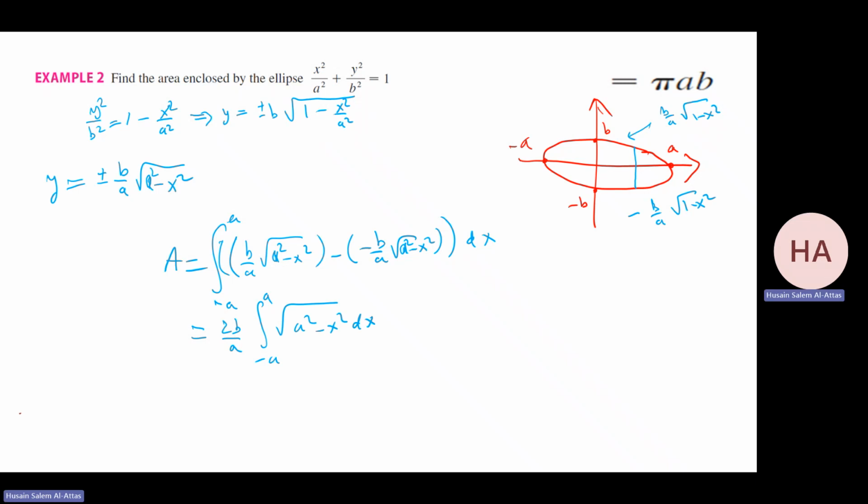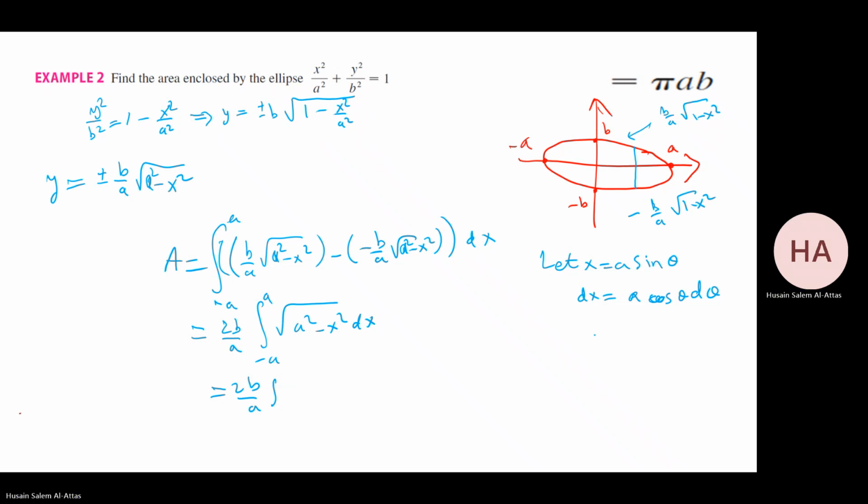Okay. How to find this integral? I need now that trig substitution. So I will let x equal a sine theta, and dx is a cosine theta d theta. So I have 2b over a times the integral, not from minus a to a anymore.